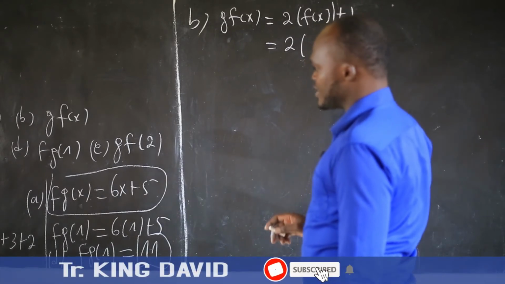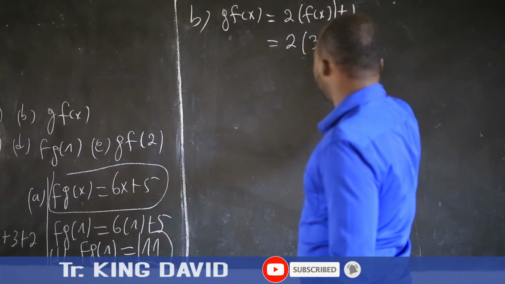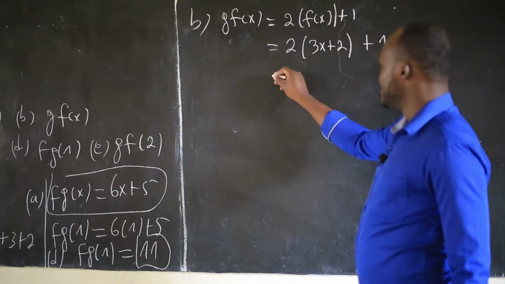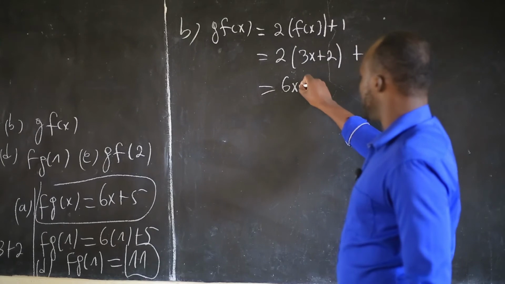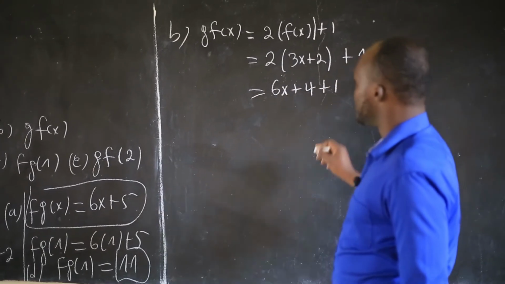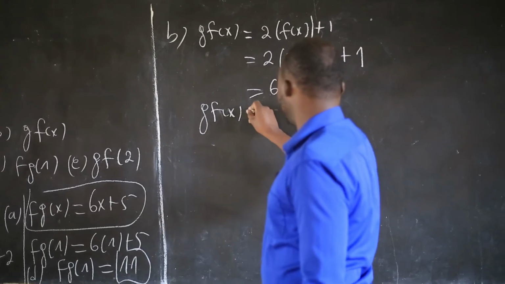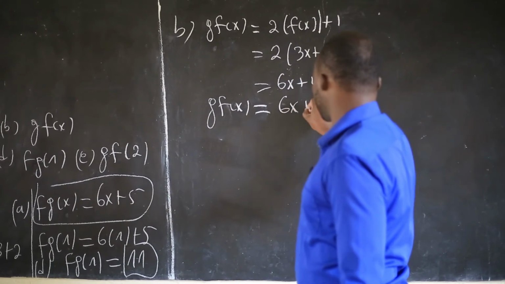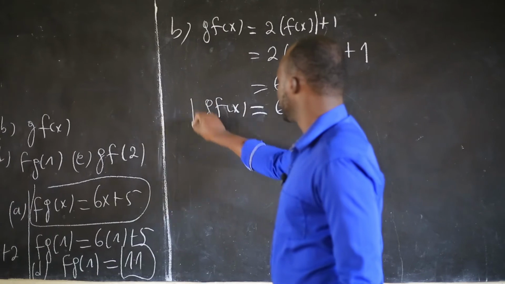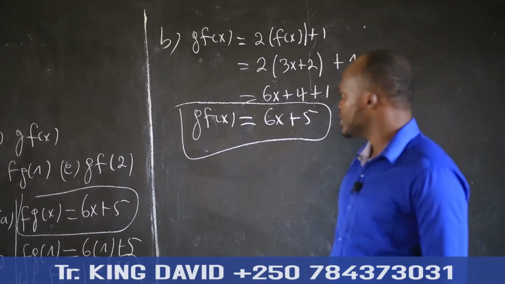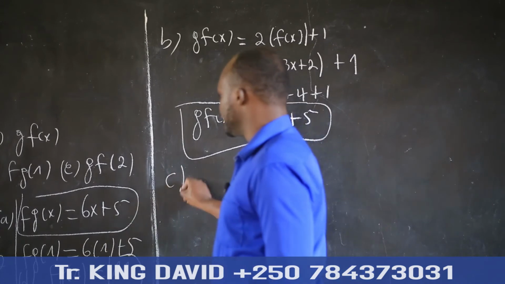The value of f of x is 3x plus 2. Then plus 1. This is 6x plus 4 plus 1. So gf of x equal to 6x plus 5.